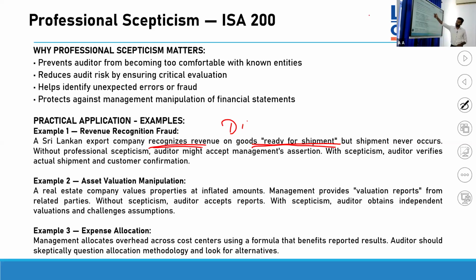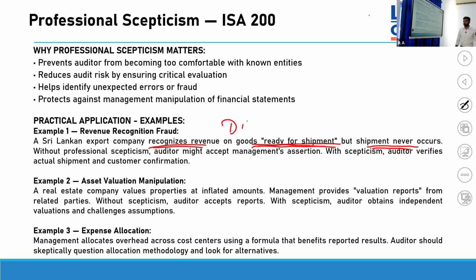So here, an export company recognized revenue on goods ready for shipment, but they didn't deliver. The shipment never occurs.